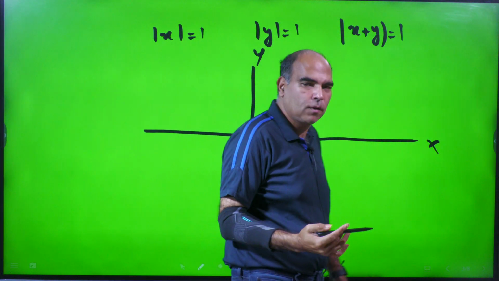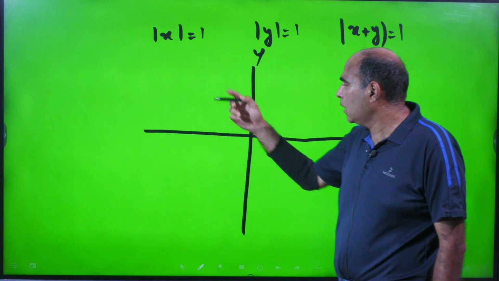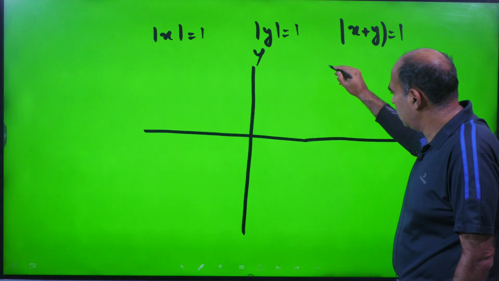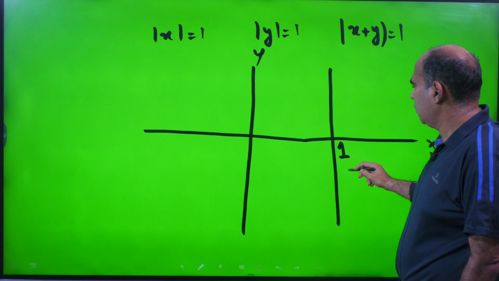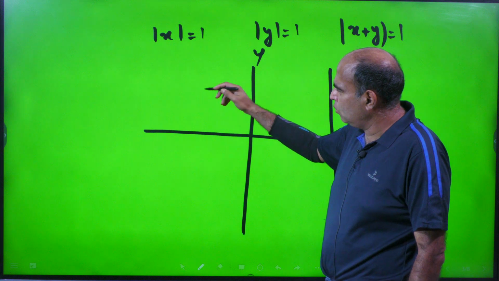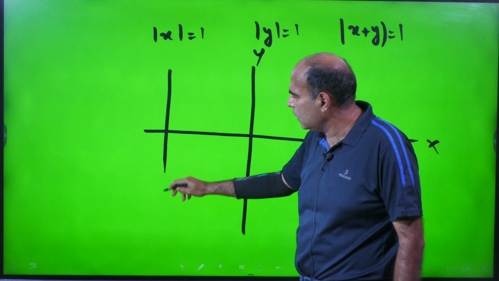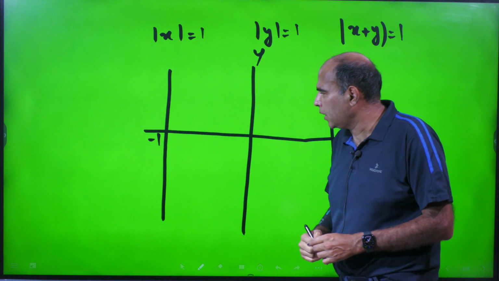You have to have a little bit of knowledge about graphs. The graph |x| = 1 is a vertical straight line at 1 on the x-axis, and also a vertical straight line at -1 on the x-axis, right?